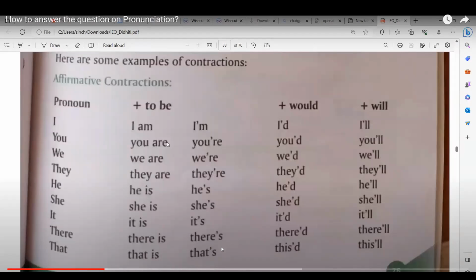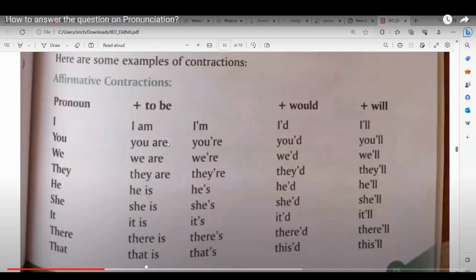I is omitted and S is written. WOUL is omitted and D is written, and in "will," WI is omitted and double L is written. Very good, excellent.